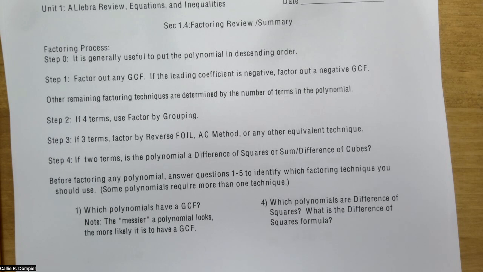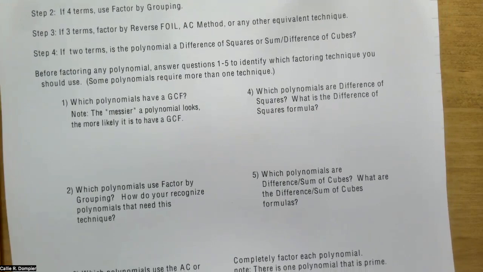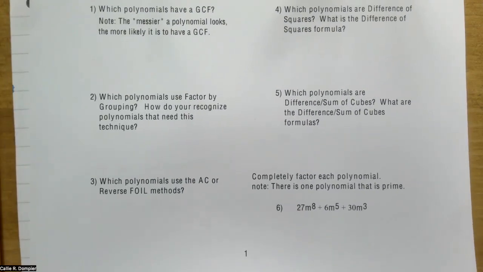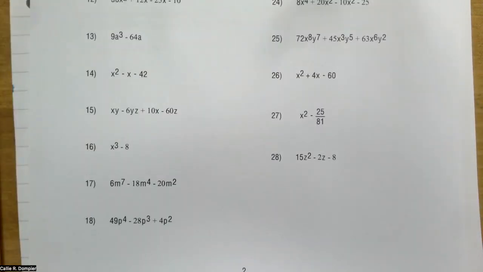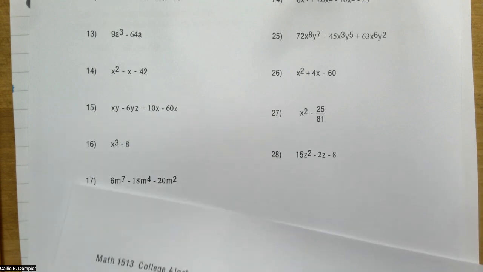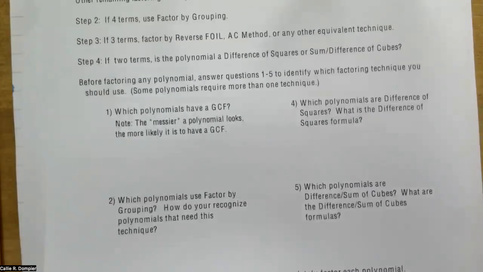Before factoring any polynomial, answer questions 1 through 5 to identify which factoring technique you should use, okay? So what we're going to do is we're going to read through these, but we're going to do them one at a time, and then I'm going to go through the polynomials 6 through 28, and we'll just practice each of these, okay?